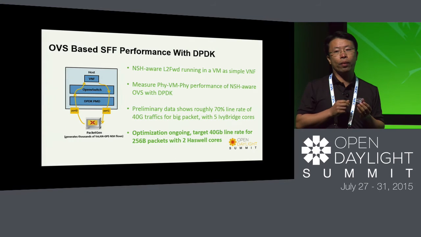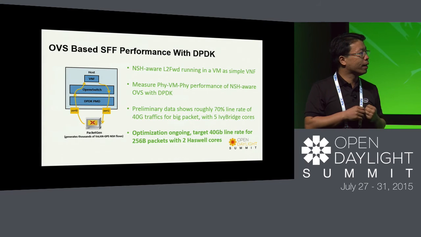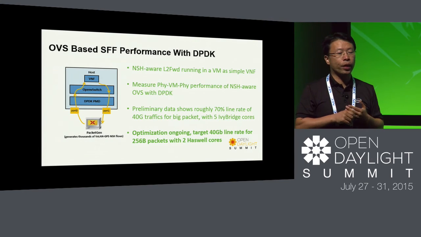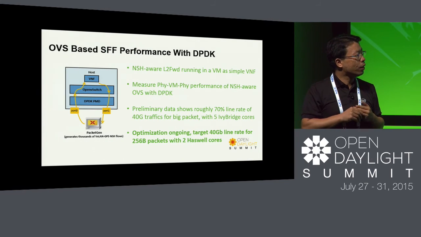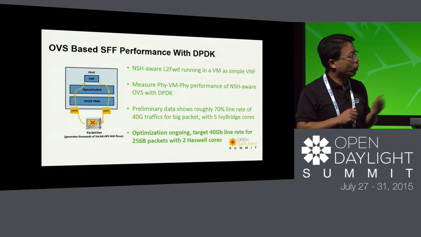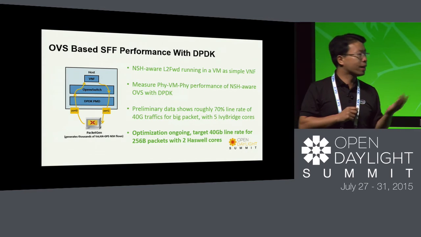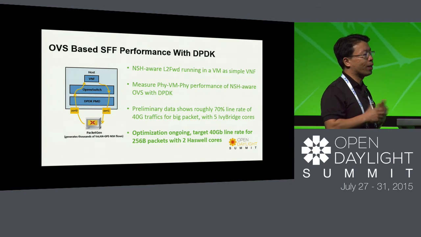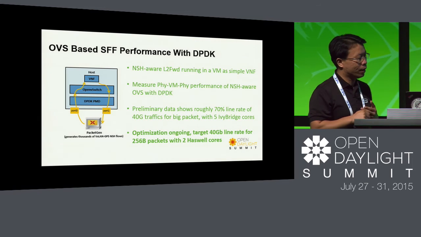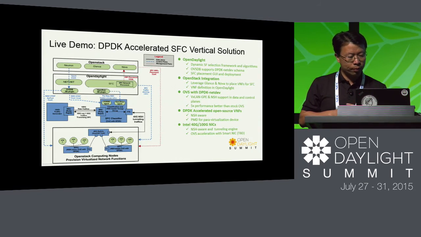For example, we're enabling zero copy and multi-queue in DPDK as well as in DPDK OVS in order to boost performance. Our target is to hit 40 gig line rate for 256 bytes with 2 hardware cores. It takes time, maybe. I'm not sure when we can achieve that, but there are lots of optimizations ongoing.